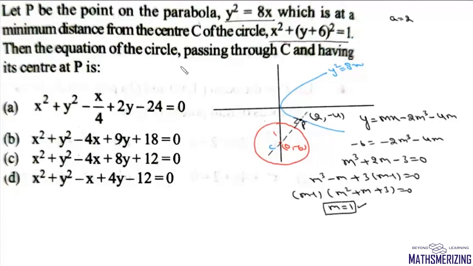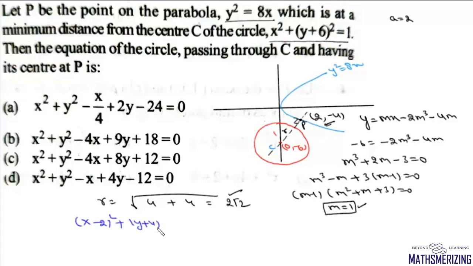Now we need to find the equation of the circle passing through center C and having its center at P. So we'll find its radius. Its radius will be the square root of 2 square, which is 4, plus 2 square again, which is 4. So it is 2 root 2. Now we have radius and center, so we can write the equation. The equation of this circle will be (x minus 2) square plus (y plus 4) whole square equals 8.